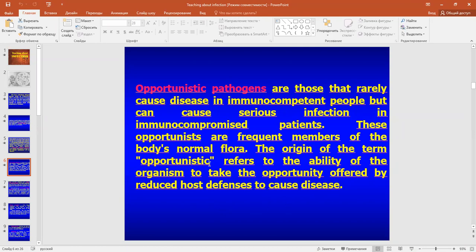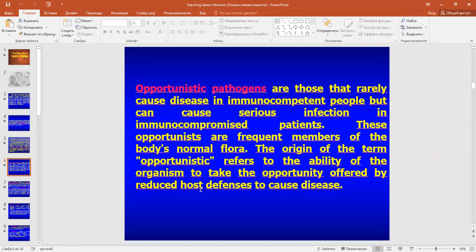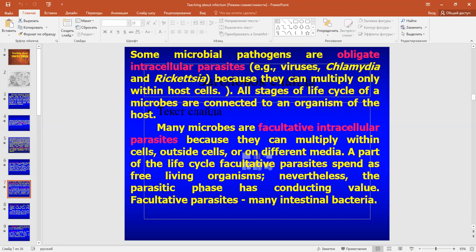If normal microbes, those able to exist as normal microbial flora, have the opportunity to multiply, they will multiply, and finally an infectious disease will develop. Such infectious diseases are named opportunistic infections.